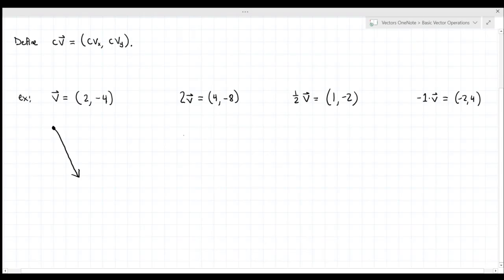So when you look at 2v with an x component of 4 and a y component of -8, if I drew my picture well, what do you guys notice between the vector v and 2v? How are they related to each other?